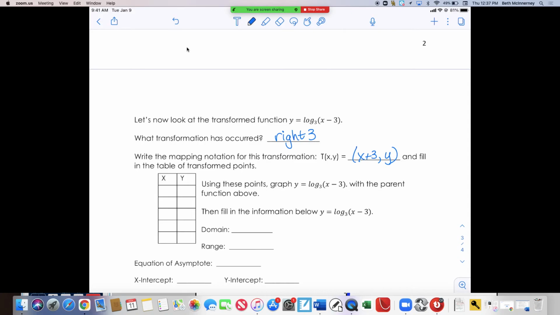All right, so Zoe, what would be the first x value in my table if I move it right 3? 3, there you go. Abby, what would be the next x value? So if I started with 3, what's the next x value? Okay, but you're supposed to fill in the table. All right, Jordan, what would be the next x value? 4, all right?